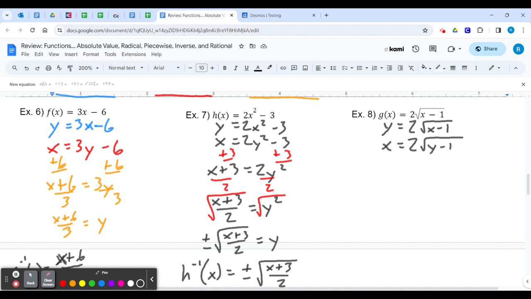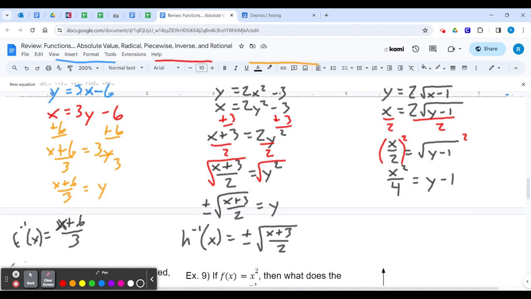Then we're going to divide on both sides. Got to isolate that variable first. So we get x over 2 equals the square root of y minus 1. And this is where we can take the square of both sides. This is a very funky problem, but good exposure here. X squared over 4 equals y minus 1.